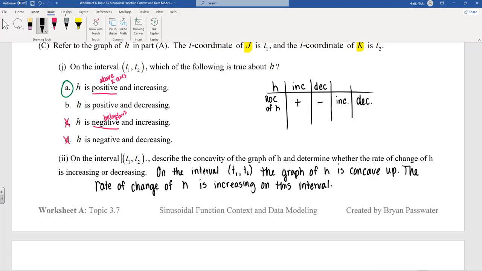So if the rate of change of h is increasing, h is concave up. And if the rate of change of h is decreasing, we've got concave down.